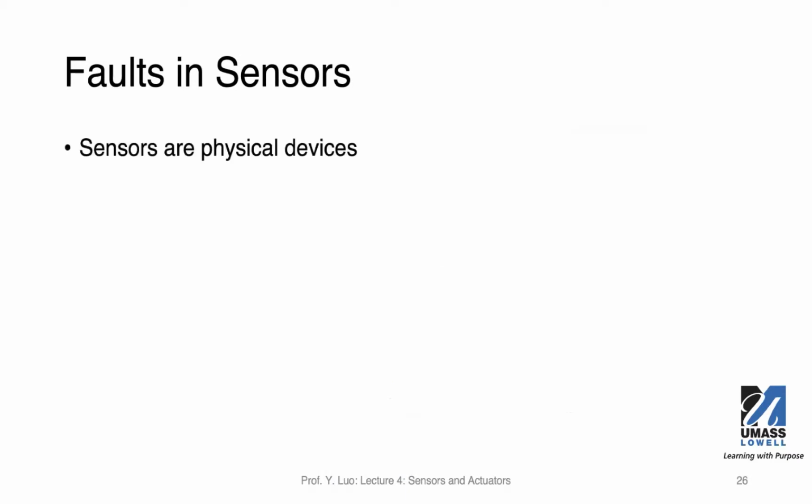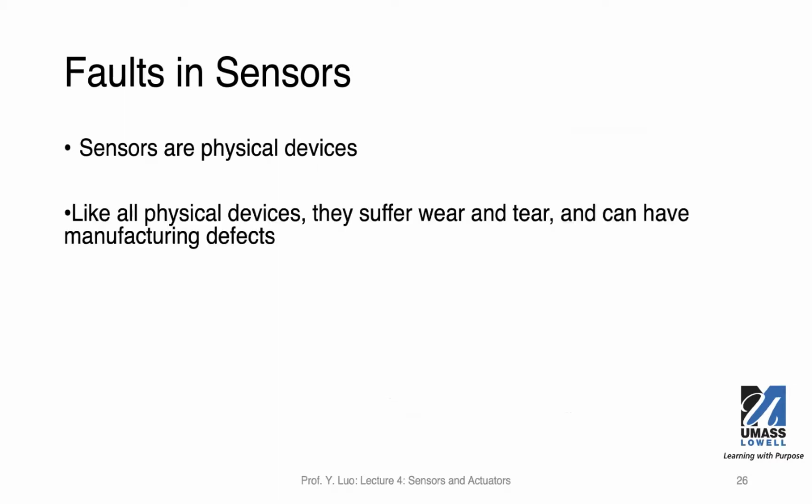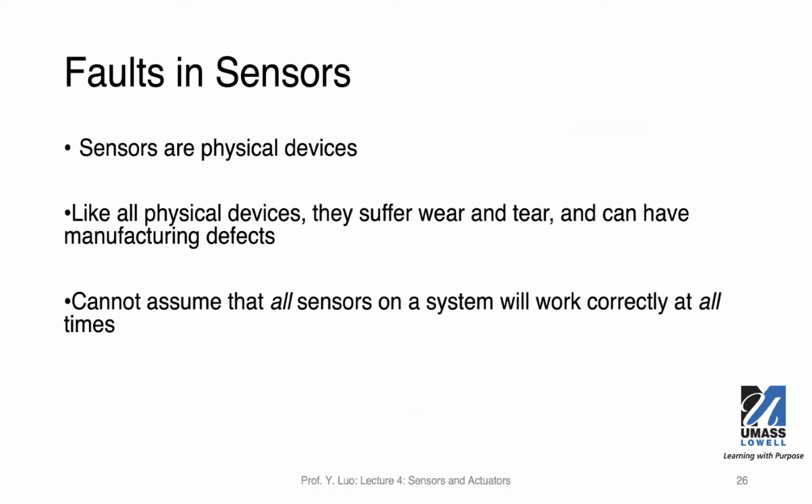Sensors are physical devices, so they are subject to malfunction faults. They can wear and tear. They may have manufacturing defects. So we cannot assume that all sensors on the system will work correctly at all times. It depends on your application.